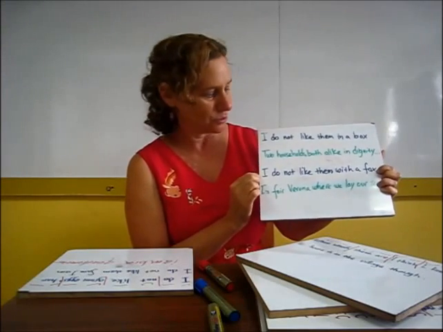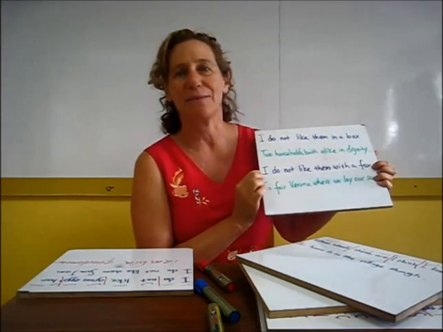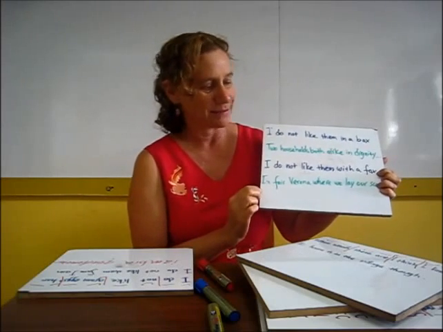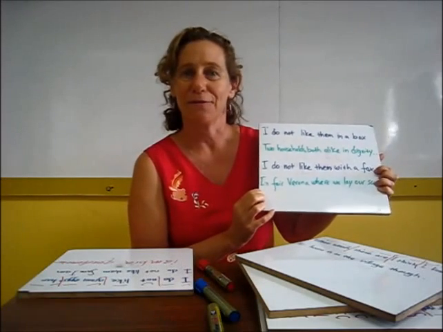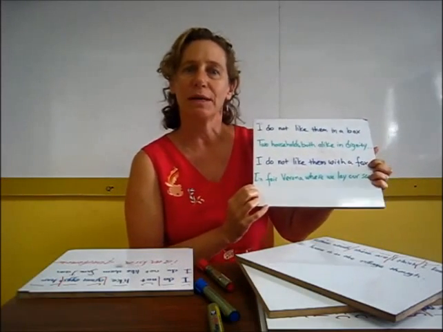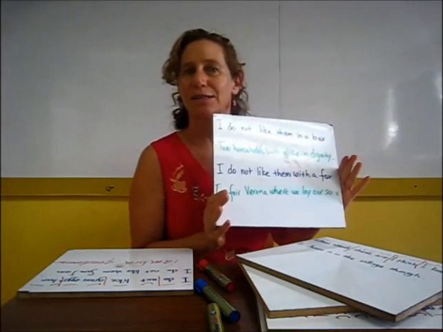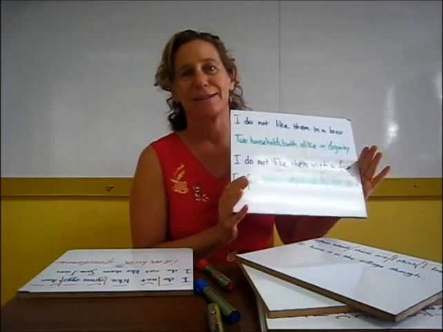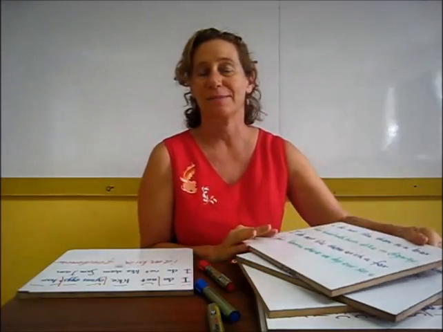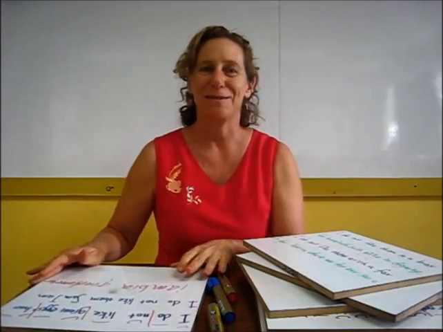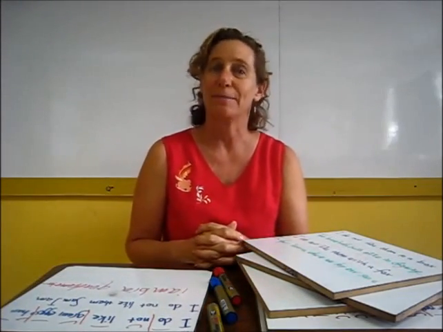And again with Dr. Seuss, I do not like them with a fox. And then back to Shakespeare, in fair Verona where we lay our scene. So you can hear those iambs sounding unstressed, stressed. So I do not like them, Sam I am. Thank you very much, and I hope you learned a lot about iambic pentameter.